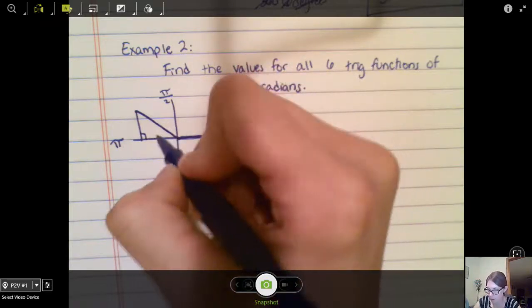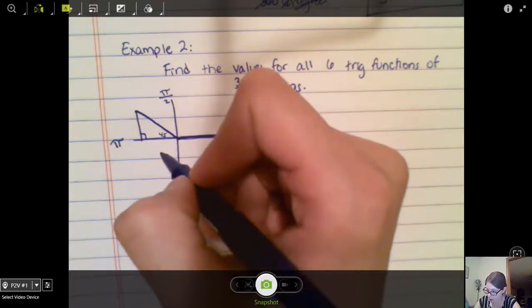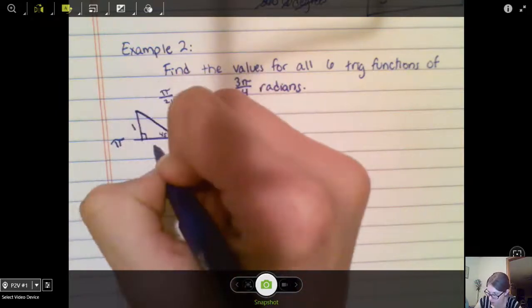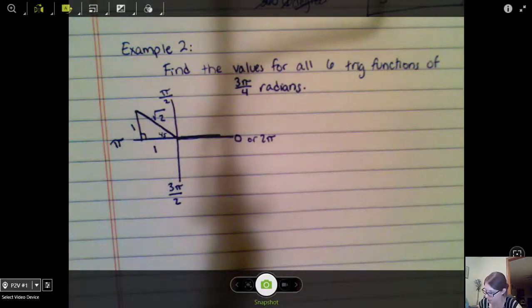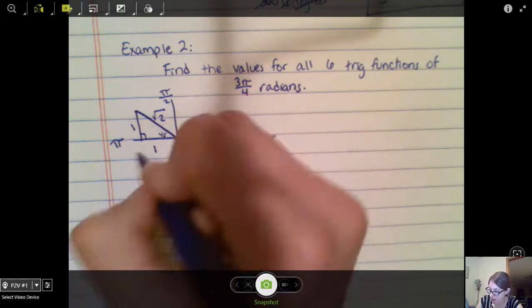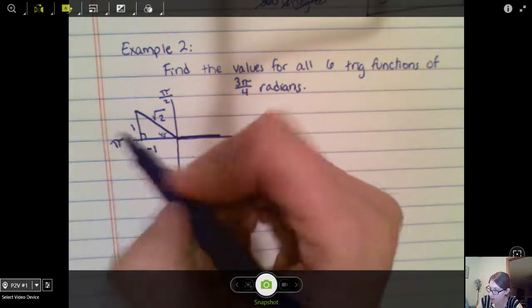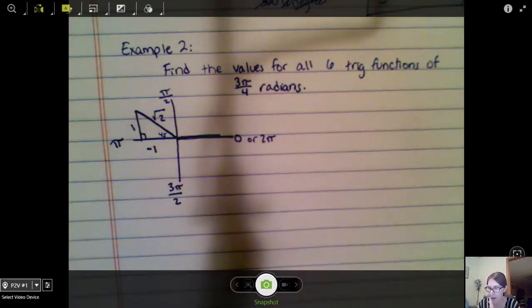This is halfway in between, so this is a 45-degree angle. We have a 45, 45, 90 triangle. So this is 1, 1, square root of 2. And since we went left on our x-axis, this is -1. Up on our y-axis, that's positive. And our hypotenuse is always going to be positive.